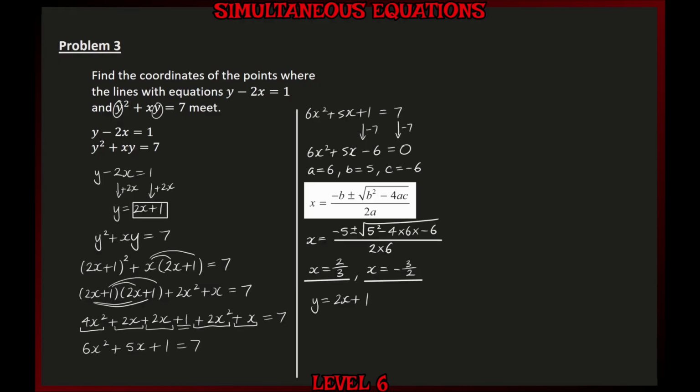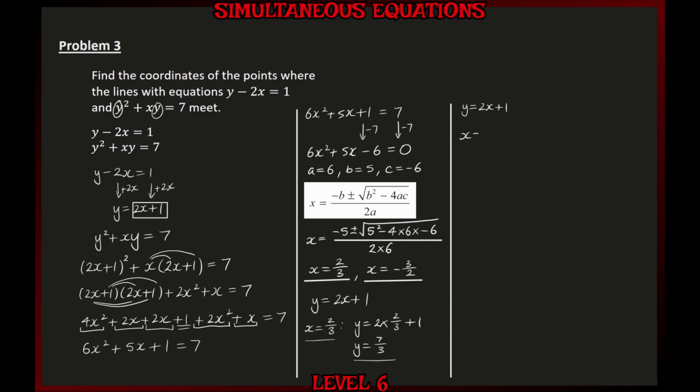So starting with x is equal to 2/3, if we substitute this into this equation, we get y is equal to 2 times 2/3 plus 1. And 2 times 2/3 plus 1 gives us 7/3. So these form our first pair.